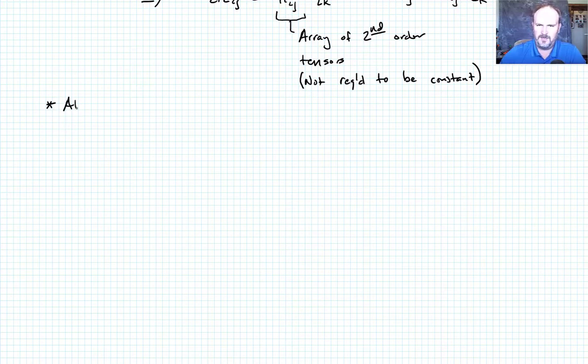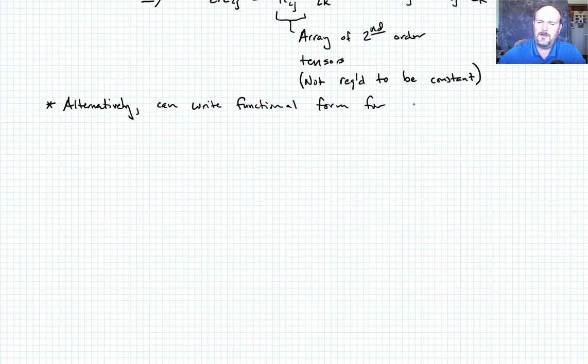So alternatively, you could write the functional form for, let's say, the plastic strain tensor increment, as follows. d epsilon ij p is going to be equal to some function of sigma, q, the vector, and then d sigma.